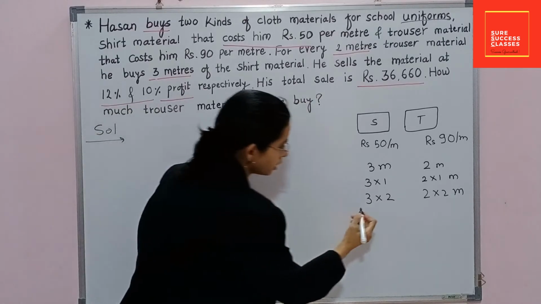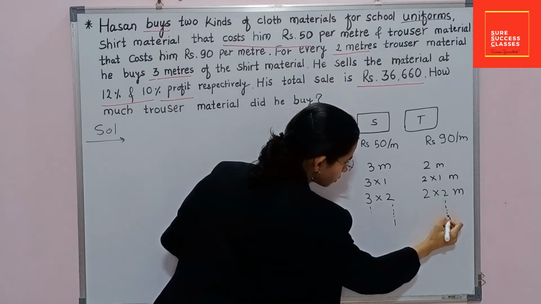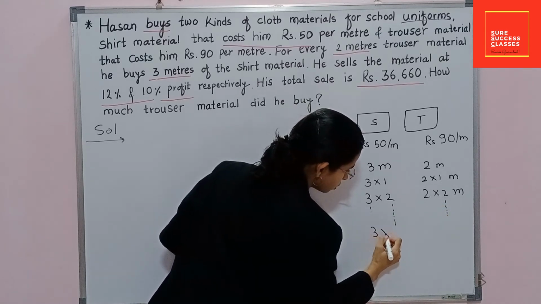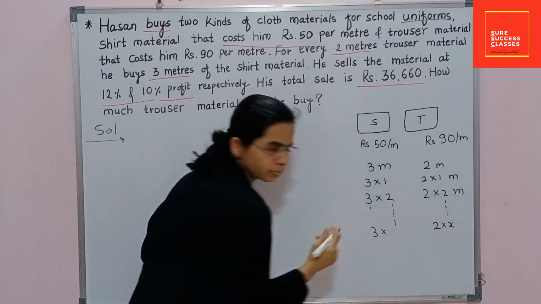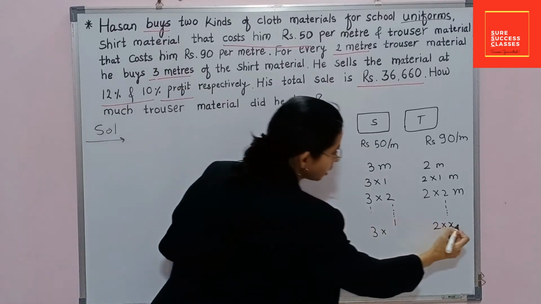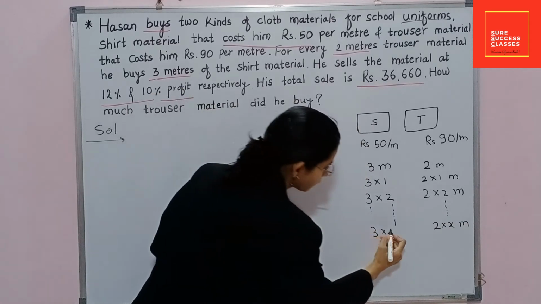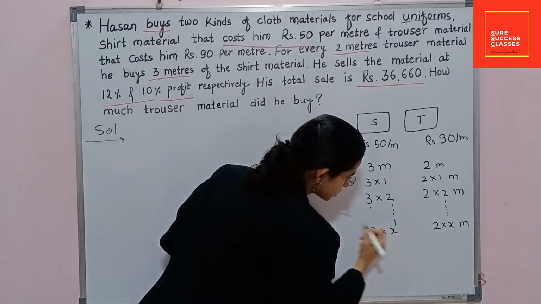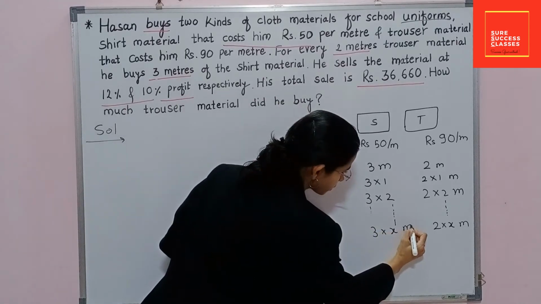In this way, if we go ahead, if he buys 2x meters of trouser material, at that time he will buy 3 into x, 3x meters of shirt material.